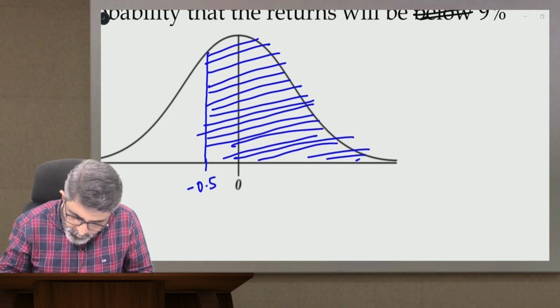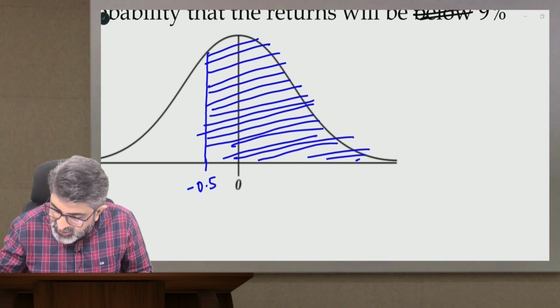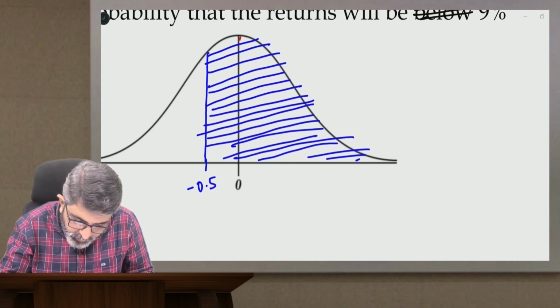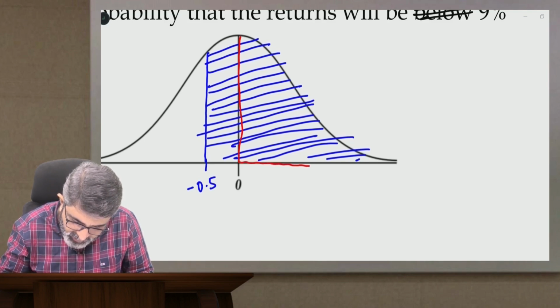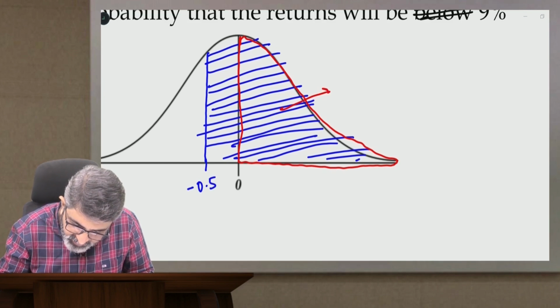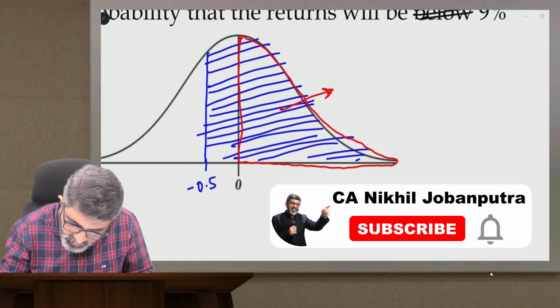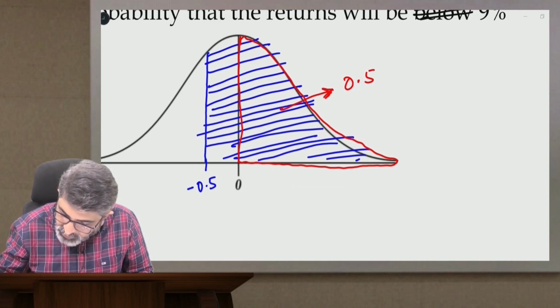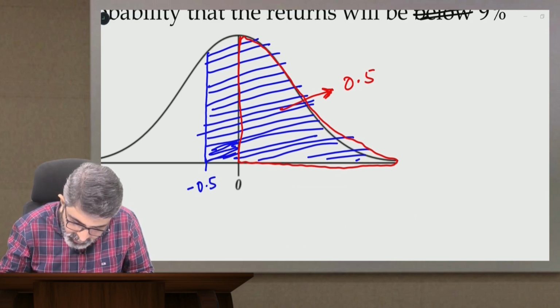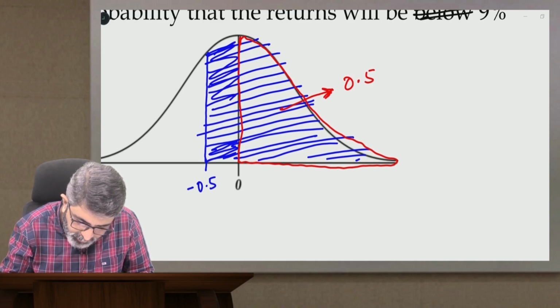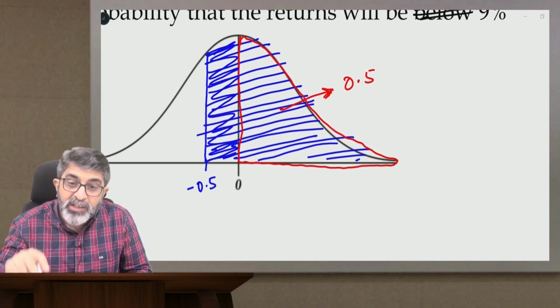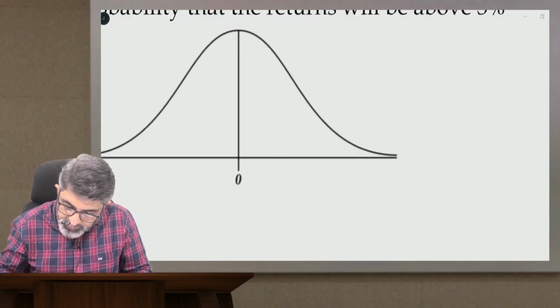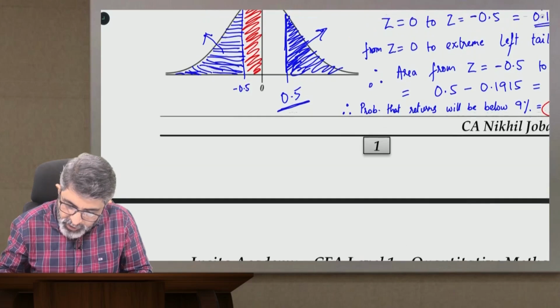So from Z equal to 0, this whole area is going to be 0.5, and this particular area, the area of this strip, you know how much that is going to be? We have worked out, right?